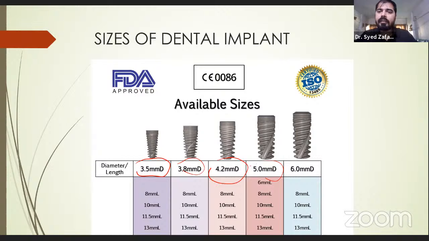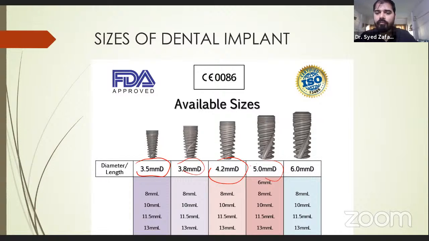There are different types of companies, and every company has its own sizes. Like if I am talking about 3.5, they might have 3.4. I have seen 3.2. I have seen 2.8. I have seen a 4 mm implant.